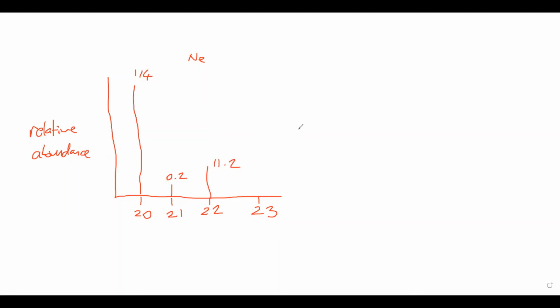So we do the same method as we did before. We say that we've got 20 times 114. So even though this is above 100, we still take it as our percentage. So we times it by 114, and we're just going to divide by a new 100%. So whatever our total is, that's what I mean by a new 100%.